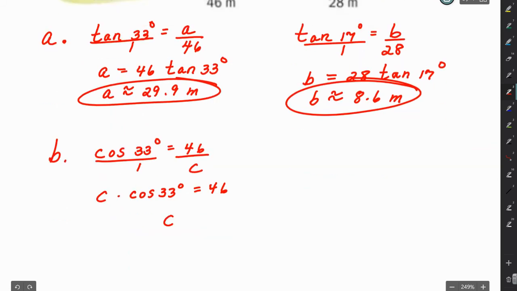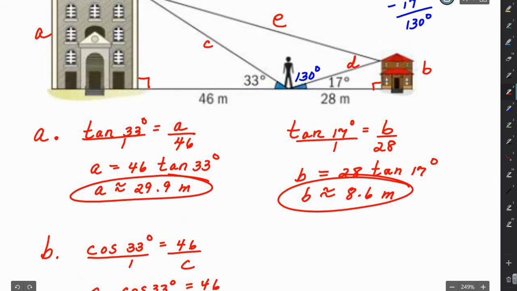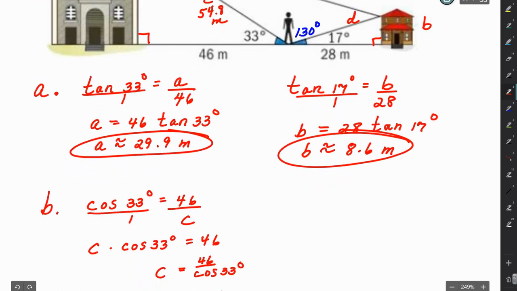So solving for C is 46 divided by the cosine of 33 degrees. All right, so C is approximately, when I put that in my calculator, 54.8 meters. So let me just write that in here, 54.8 meters.